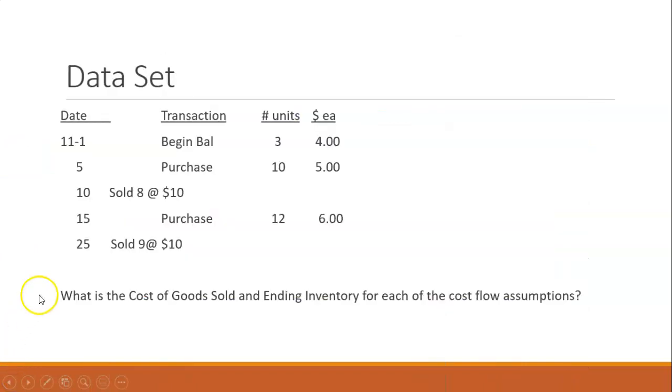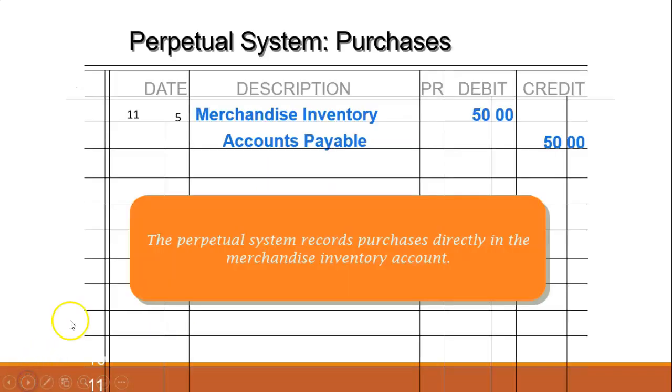If we go back, on the 5th we purchased 10 units at $5 a piece, so 10 times 5 is $50. We're debiting inventory for $50 because that $50 worth of inventory came into the store, and we're crediting accounts payable, and of course we would credit the vendor name as well.